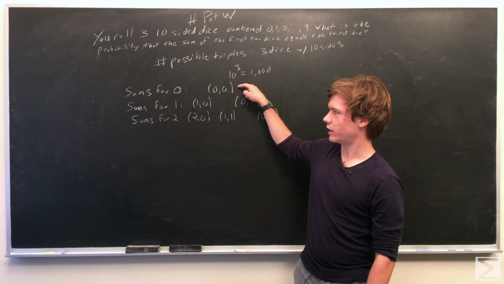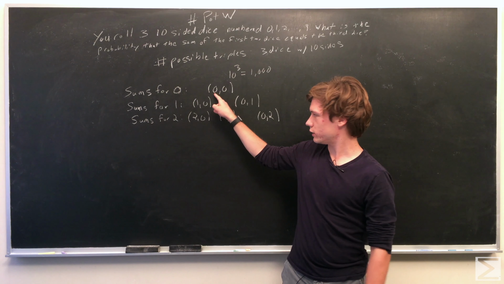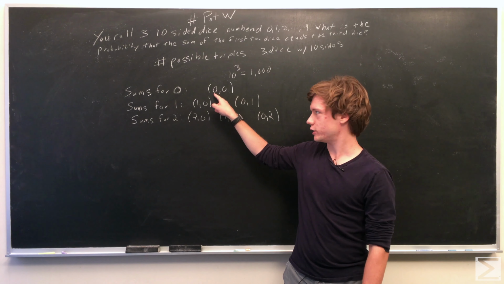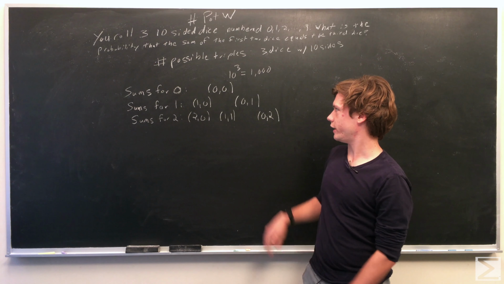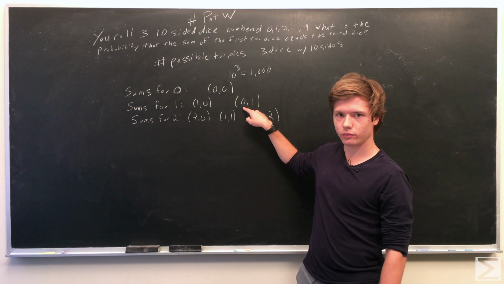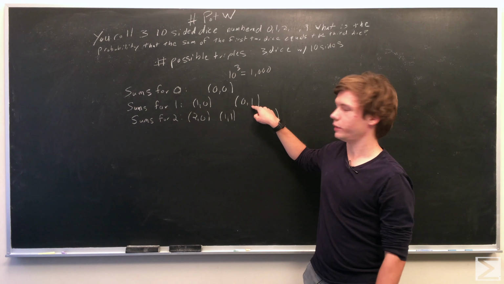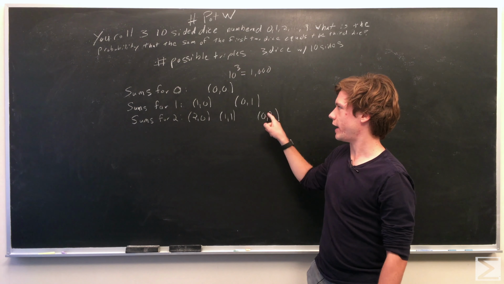To get the combinations for the next sum, you add 1 to the first die for all of them, and then you additionally take the combination with 0 on the first die, where b is the second die, and you add 1 to that.